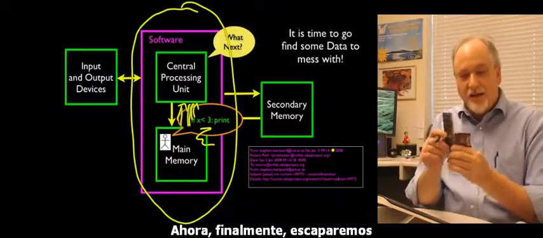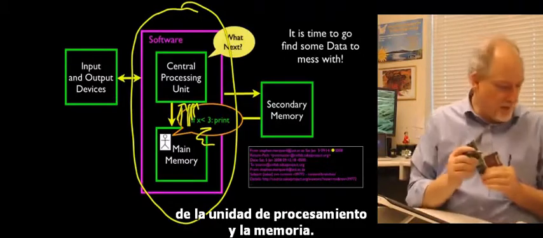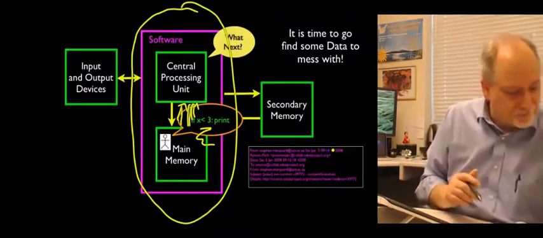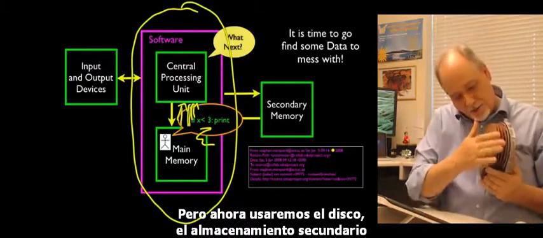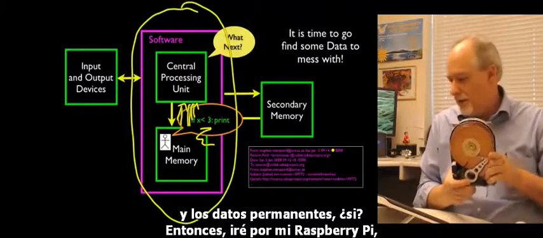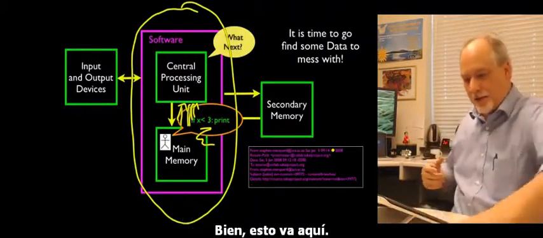So now we are finally going to escape from the central processing unit and the memory. We'll still write programs and have variables in here, but now we are going to use the disk, the secondary storage, the permanent media, right? So if I go grab my Raspberry Pi, that disk goes right there.